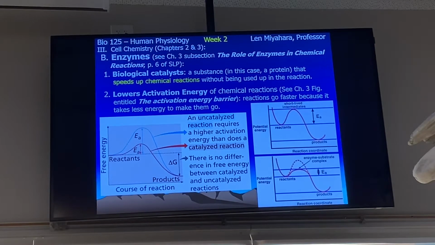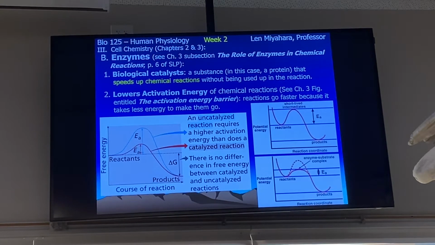Even though the hill isn't as large, are you still getting the same amount of energy? With less energy, the red reaction will be at the same speed as the blue reaction, which will require more energy to be at that speed, just because of an enzyme? Right. Okay.